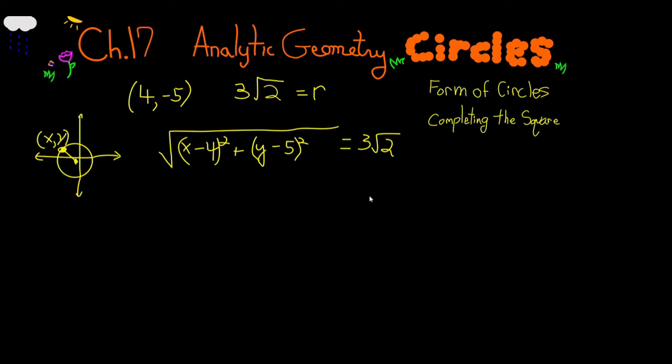But we can simplify this equation a little bit by getting rid of our square root. To get rid of that, we square both sides. Squaring 3 root 2, first we're going to square the 3, which is 9, then square the root 2, and that becomes 2.